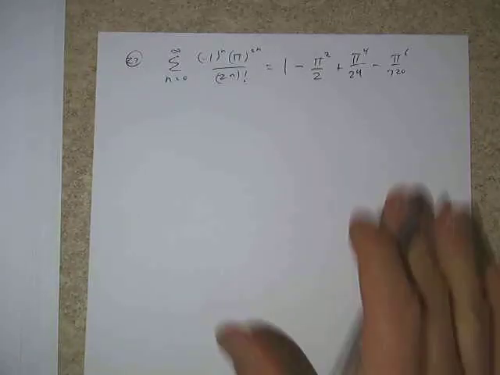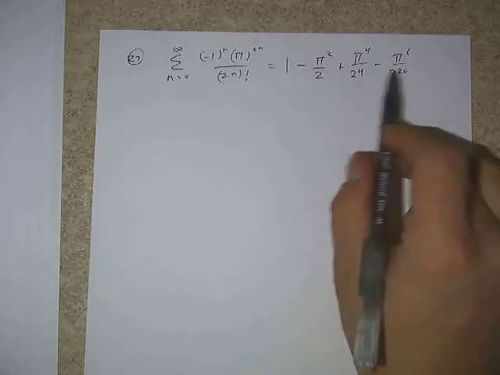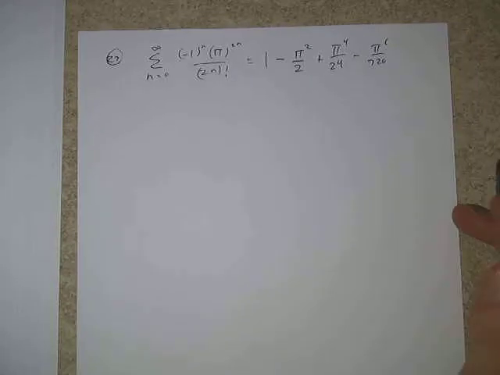So what would be convenient here is if it were something geometric, but is it in fact geometric? Is there a common ratio between the bottoms here? The top clearly is multiplied by pi squared each time, which is almost geometric.